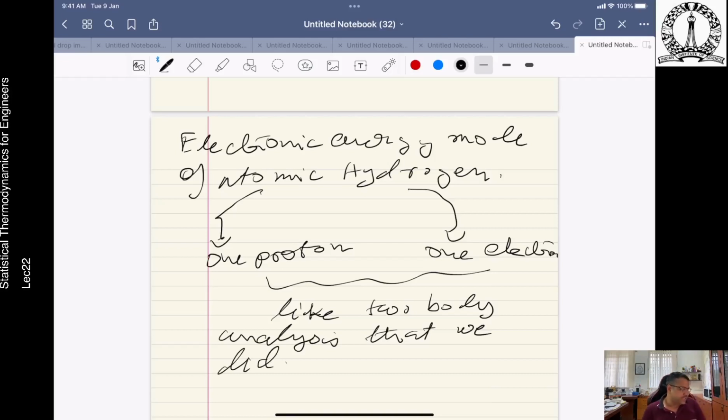Therefore, we can again separate the external and the internal energy modes by transforming to a center of mass and relative coordinate system.